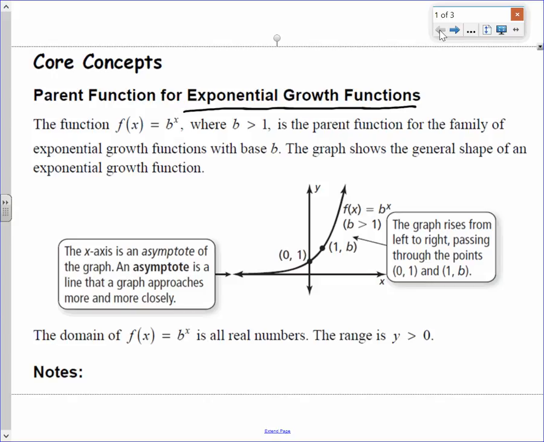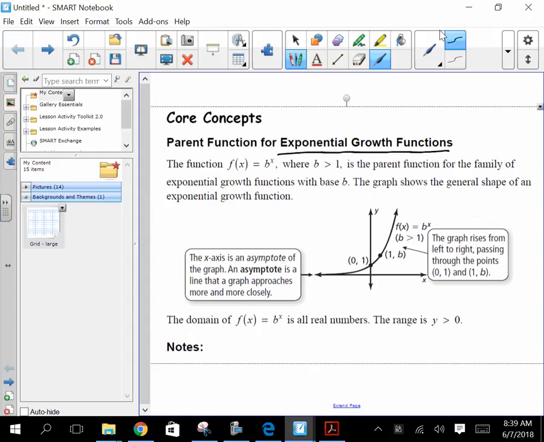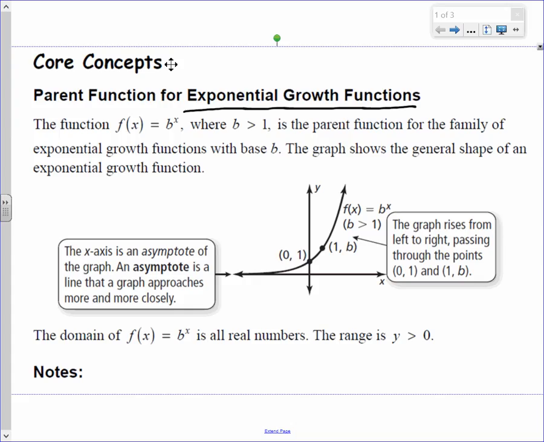That's the whole point. So now, what does this function look like? The function looks like this. Go ahead and underline right here, or just put a box. The function will always look like that. F of x equals some number b to the x power.